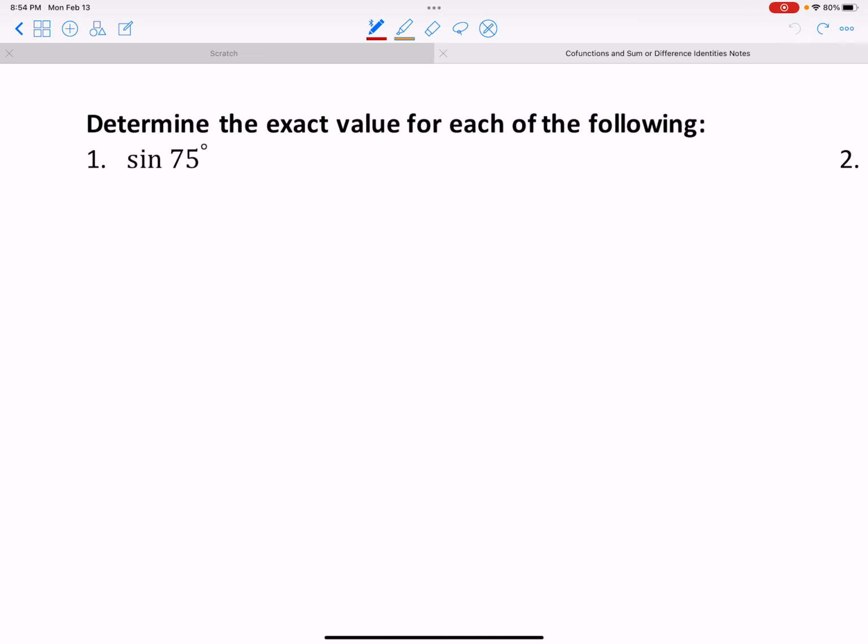Now I don't have a 75-degree angle explicitly on the unit circle. However, 75 degrees can be rewritten as a sum of two angles that are on the unit circle.